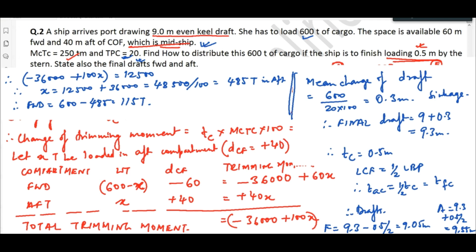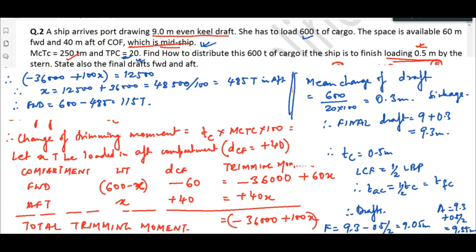Therefore, LCF by LBP is equal to half or 0.5. So whatever is the value of TC, that gets distributed equally forward and aft. So forward half of TC, aft half of TC. That's it. So this is again a very very special case. Many questions of this type come.